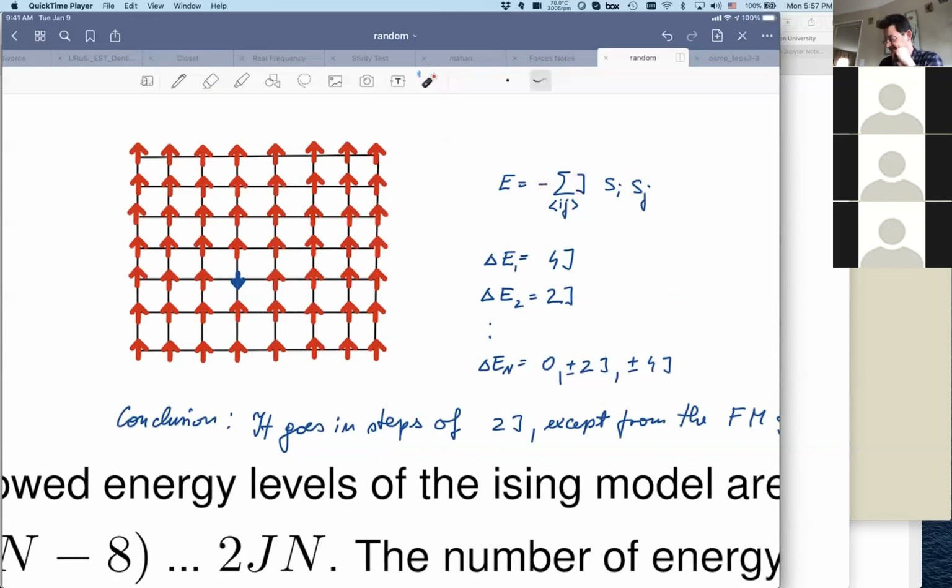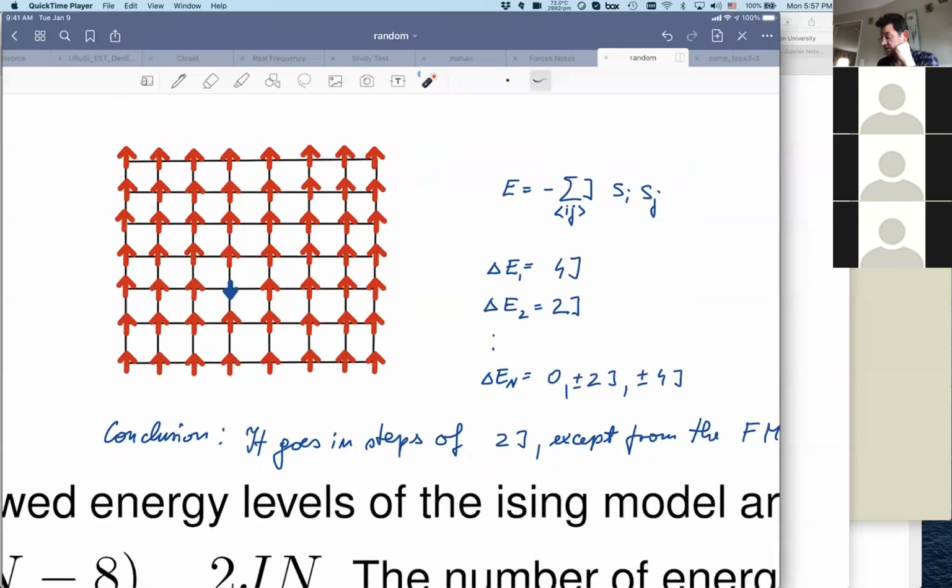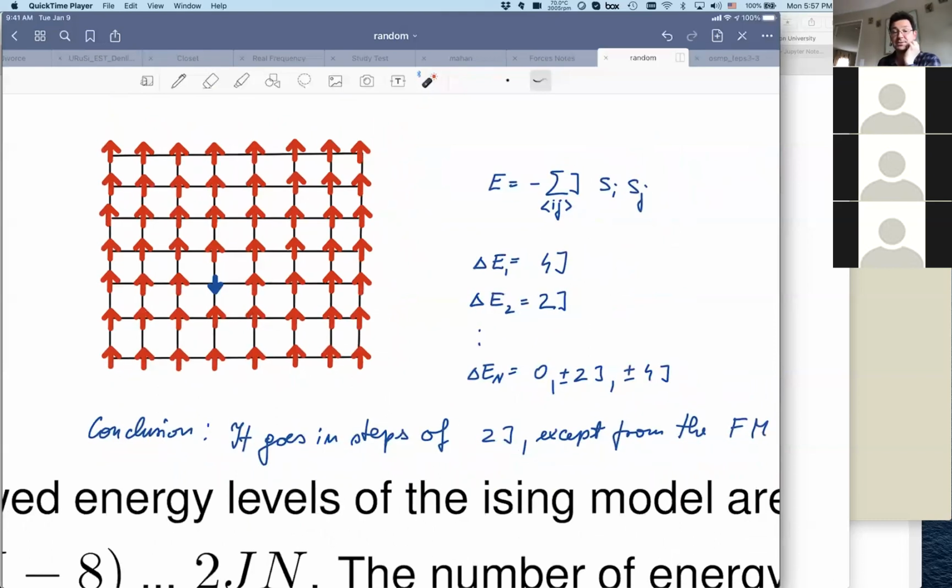Let's say that we are in the ground state, where all the spins point in the same direction, and we are now trying to flip one spin. Let's say that this spin that we try to flip is this blue one. So what is the energy cost to flip this single spin when we're in the ground state?